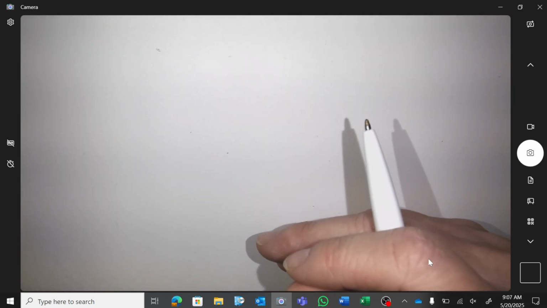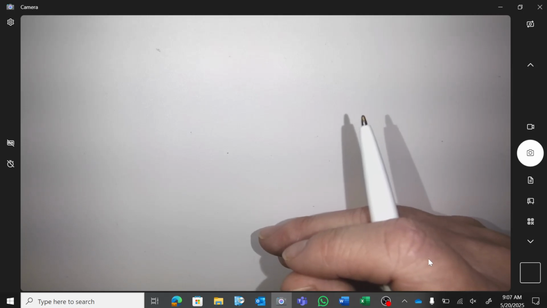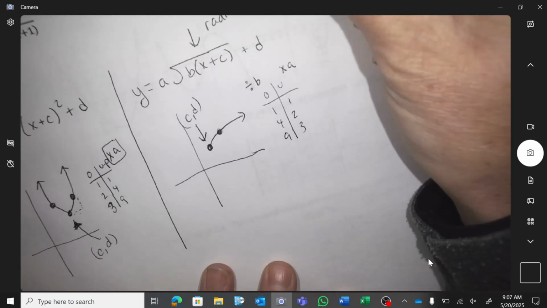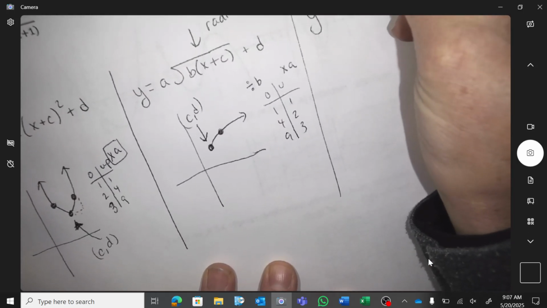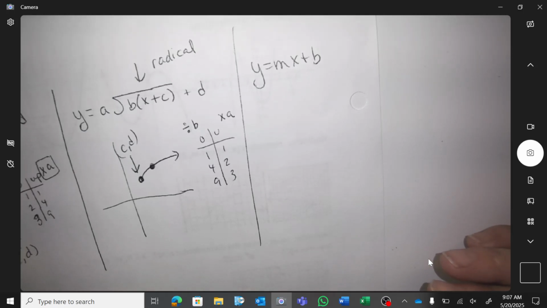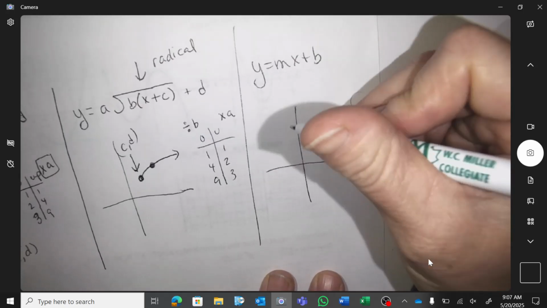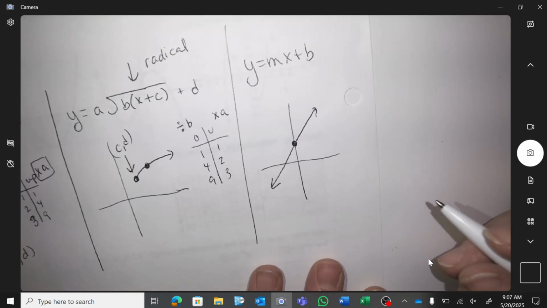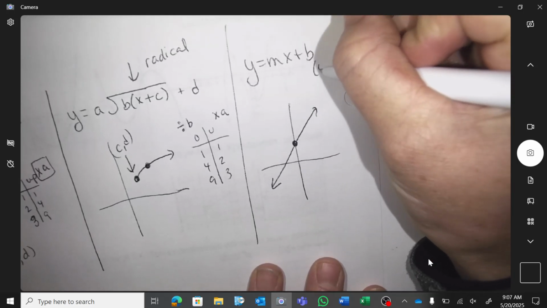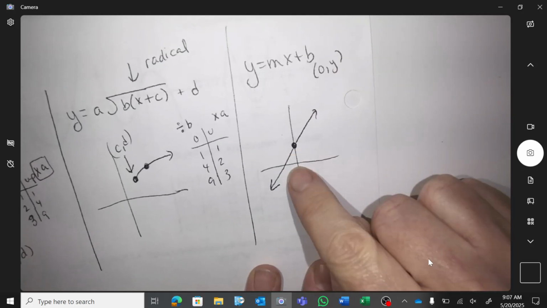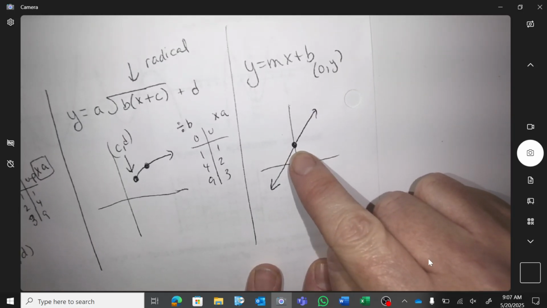Do you guys know how to graph lines? Do I have to go through that? What if you ever run into a line? Do you know how to graph a line? From grade 10? Maybe I should do that because that's grade 10. mx plus b, remember that? So this is your y-intercept, right?